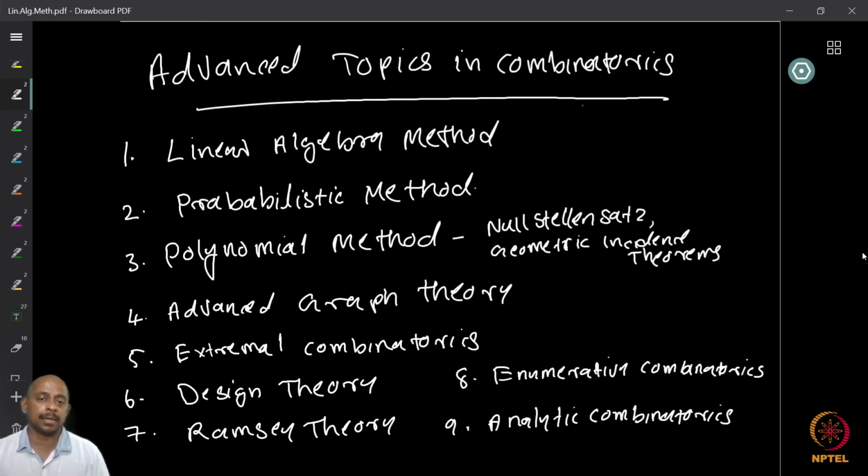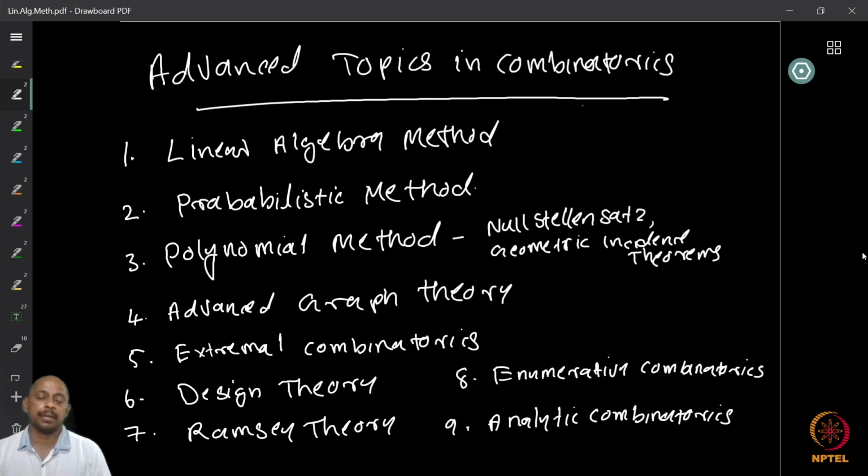This is a technique in combinatorics where one uses the ideas from linear algebra, where we have vector spaces, then associated we have dimensions, and then we know that a subspace must have dimension less than or equal to the dimension of the space. Then we have matrices, right?